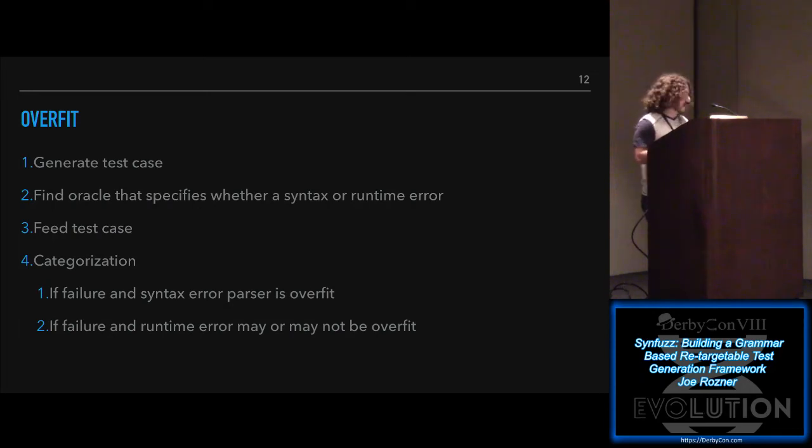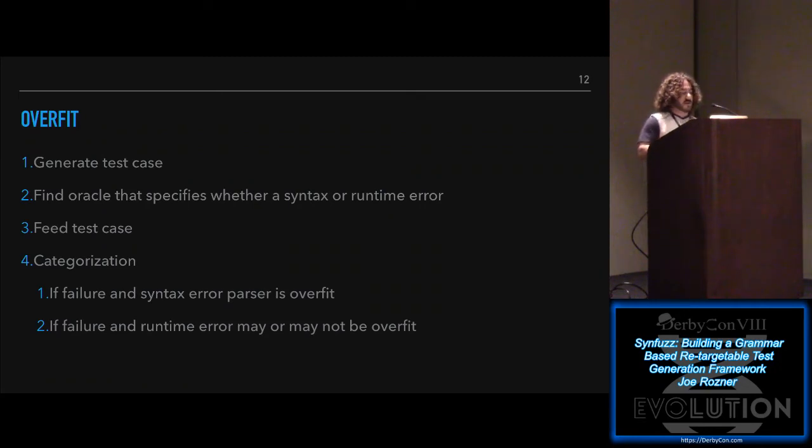So one of the ways you can do that is you set up your test harness the same way. You generate a test case, and you need to find an oracle. What I mean by oracle is it's some mechanism for determining whether the error that you're getting back is either a syntax error or a runtime error.